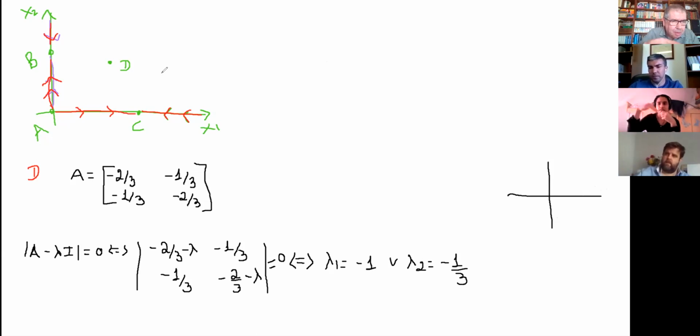So if we start in that line, you can draw the line between A and D, and then after D also. So we had this line, x1 equals x2, and it goes to D if we start on this line.